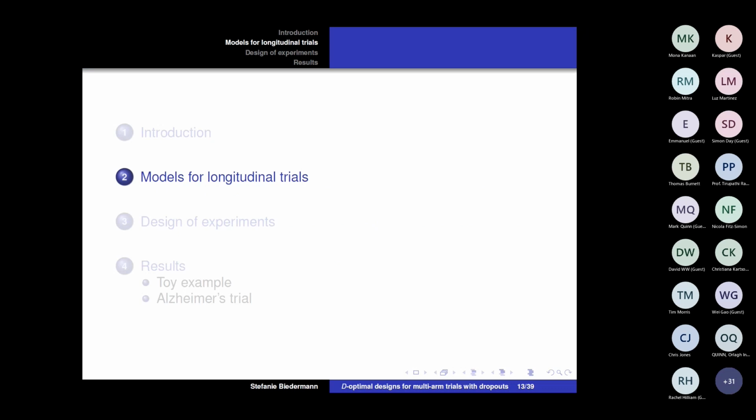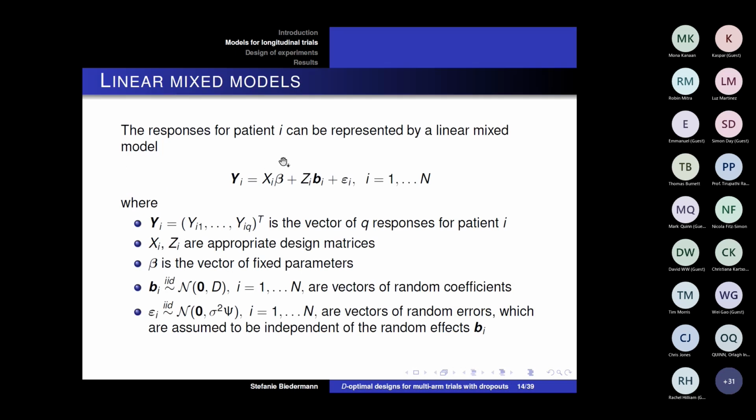Okay, now what kind of models are we talking about here? In longitudinal trials, we would consider mixed models. And today I'm talking about linear mixed models. So the responses for patient i are in a vector y_i.